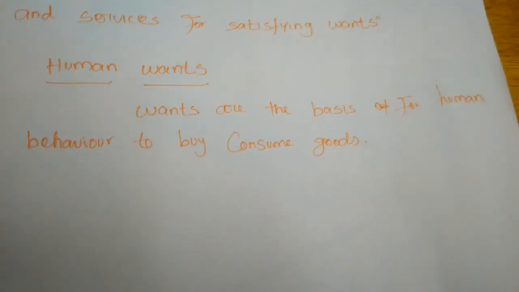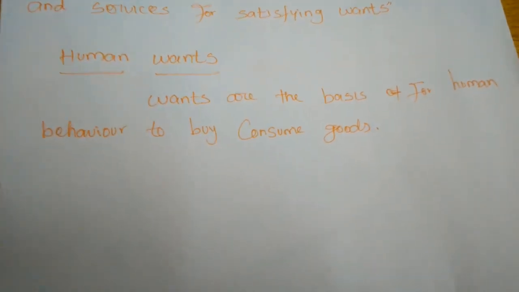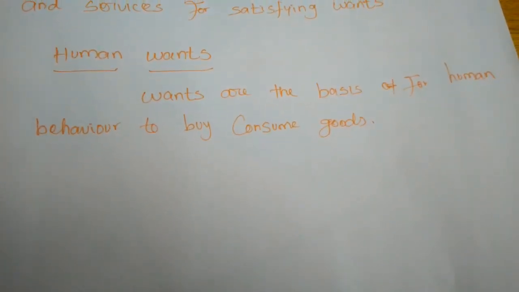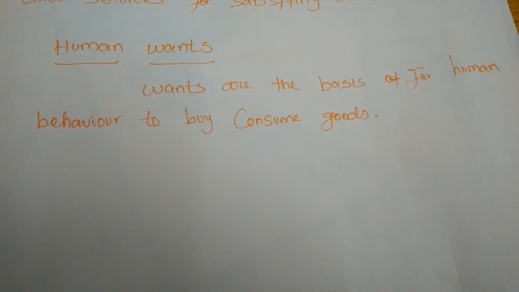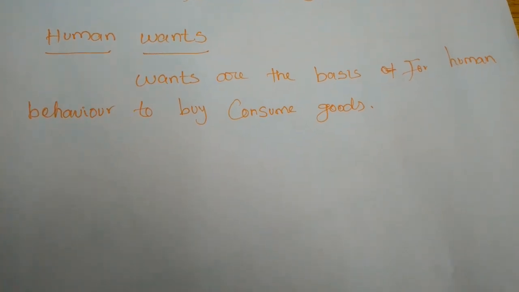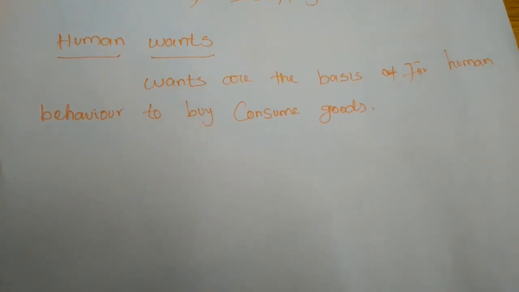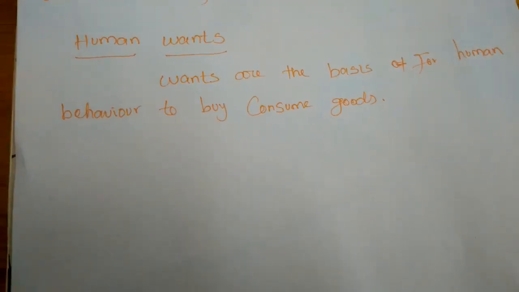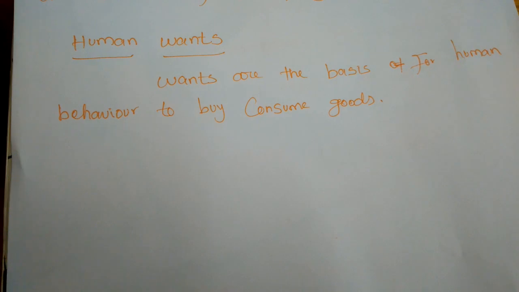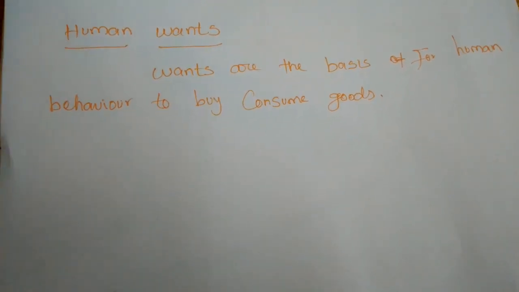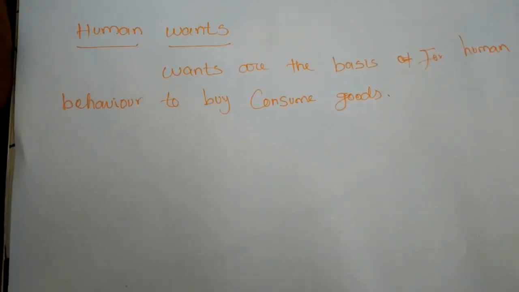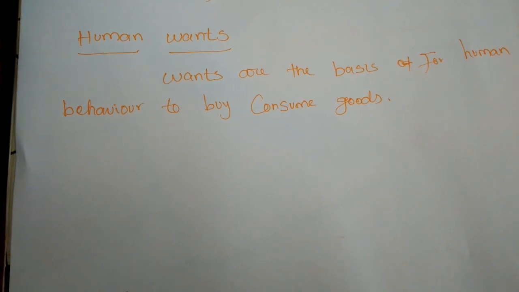Behavior means what we are normally doing on our daily basis, and it is determined by our wants or the volume of wants. If a man doesn't have even a little bit of want for anything, there is no human activity, right?